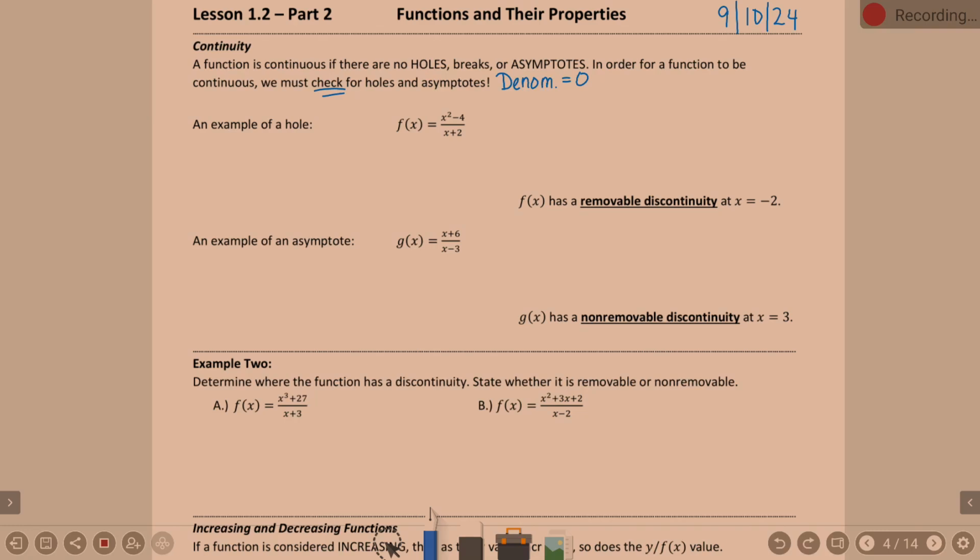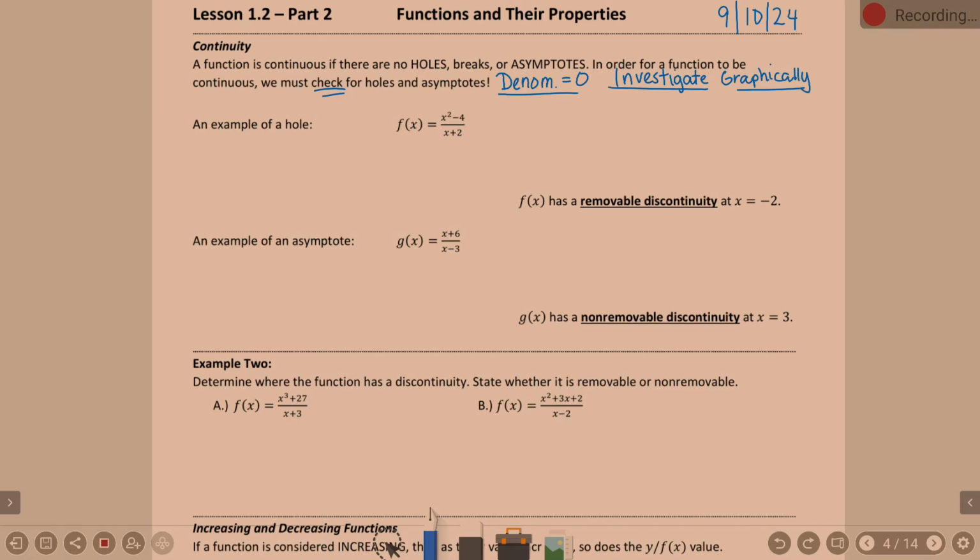So we'll start by putting the denominator equal to 0, but we can also investigate graphically. Kind of like with domain, we're going to look at the algebra, and the algebra here is important because you don't always get the graph option, but then we'll also go and look at the graph.